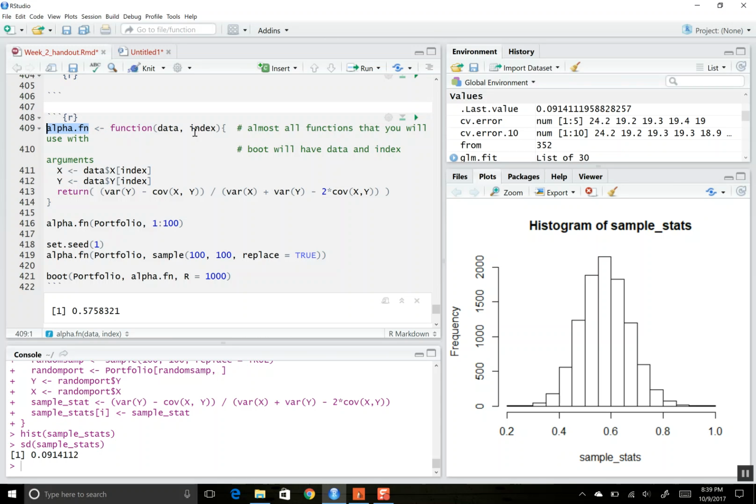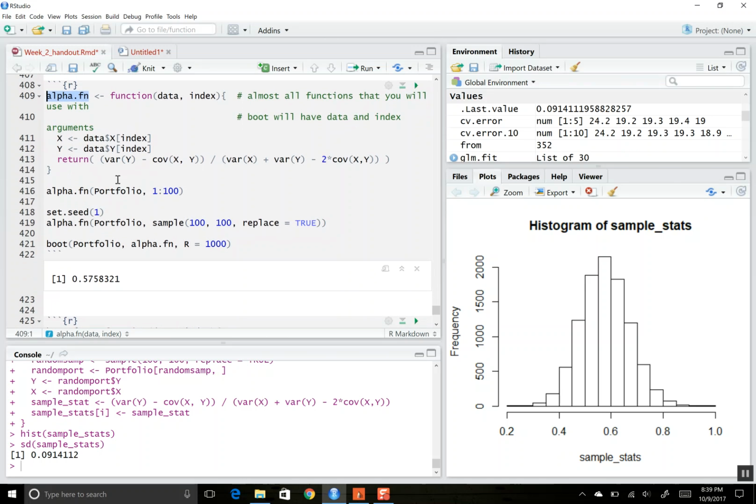All the functions that you use for bootstrapping take in a data argument and an index argument, okay? And all you do is you subset the data based on the index, and then you calculate your thing, okay?